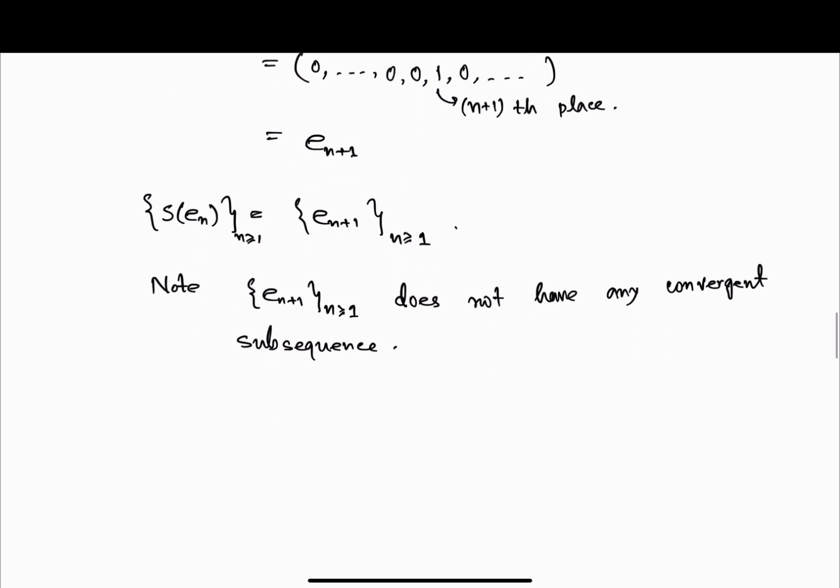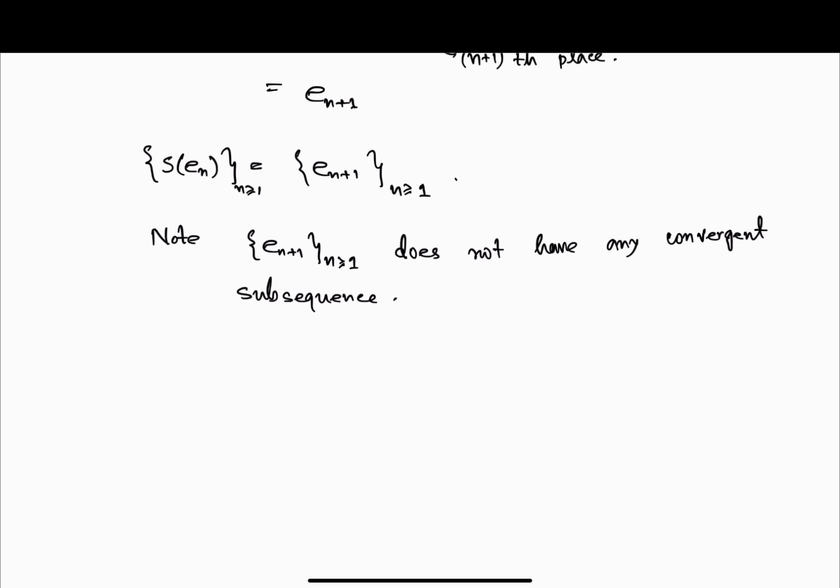Why? Because if it has any convergent subsequence, then that subsequence must be Cauchy, right? Every convergent sequence is Cauchy in Banach spaces. So let's check what is the L2 norm of En minus Em for m not equal to n. It contains two terms, mod of 1 plus mod of minus 1, to the power half.